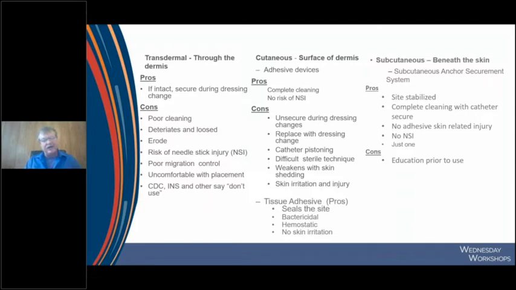You need to have the proper education. This is not a device that you can look at and instinctually know how it works. So with any other medical equipment, you need to have an in-service. You need to know how it works, which fortunately, I'm going to give you that in-service today.